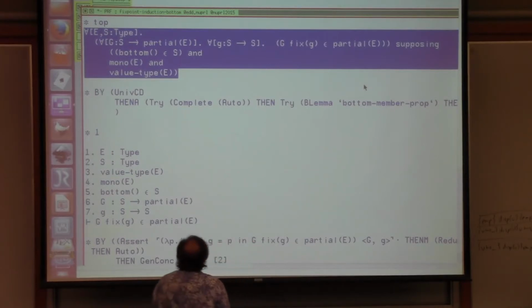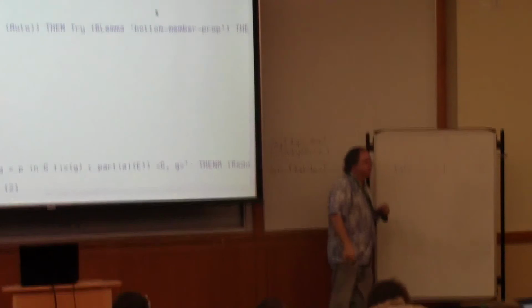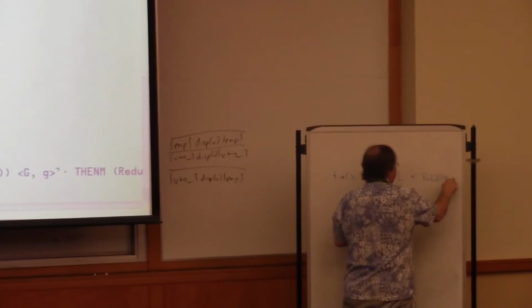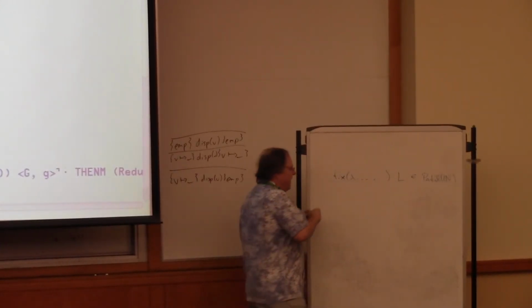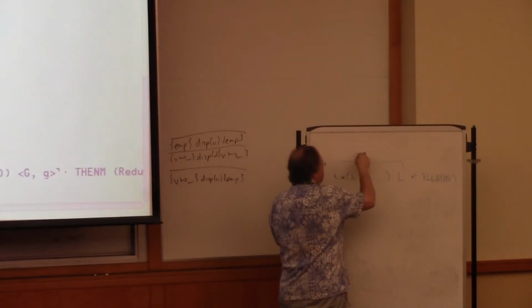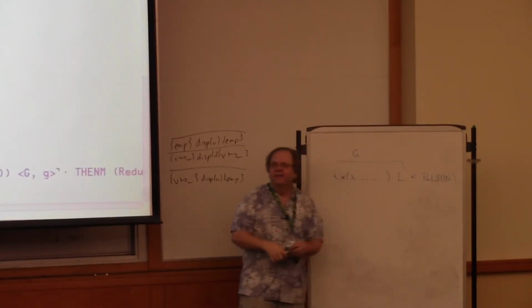It says, so what I have to show is that the fix point of a certain lambda something applied to L is in partial nat. So I have a fix operator in a context. This is the context G: take this and apply it to this L.